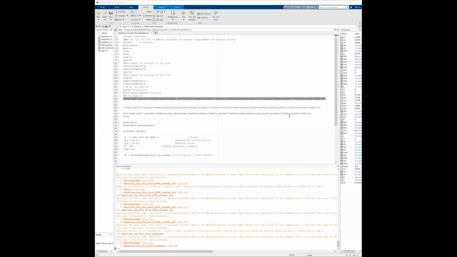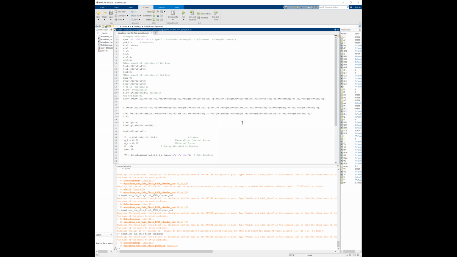And I want you to compare this expression to the expression that we derived in last class. So we derived the velocities. This is Vx2 square.